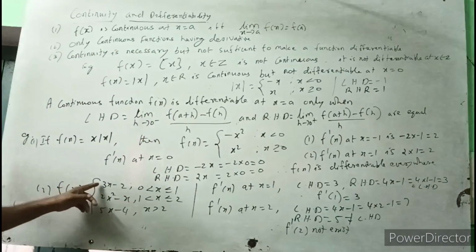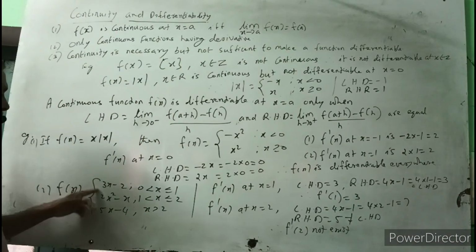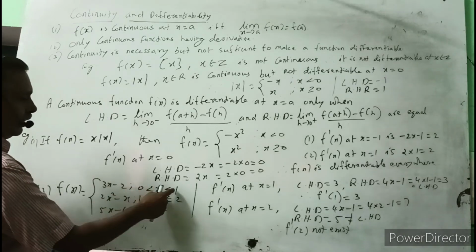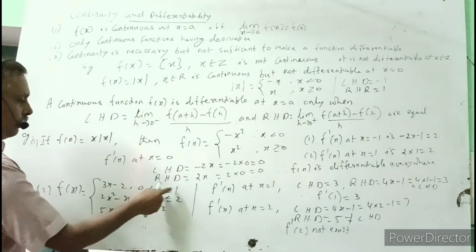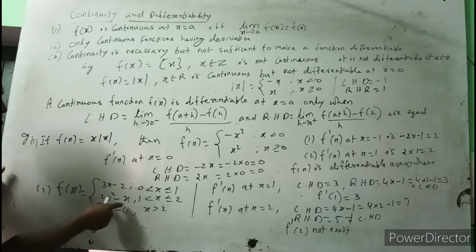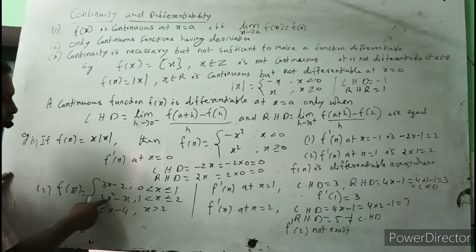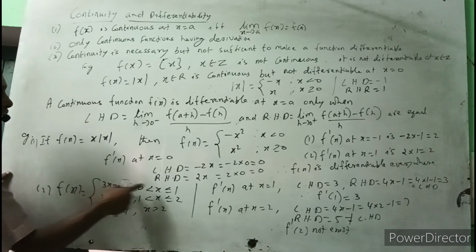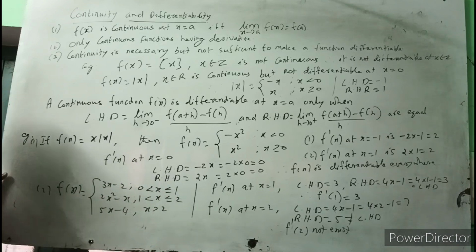And here also you may see there are three definitions. One is repeating at two places. So when I put 1 here, 1 is coming, and when I put 1 here also, 1 is coming. So at x equal to 1, this function is continuous.